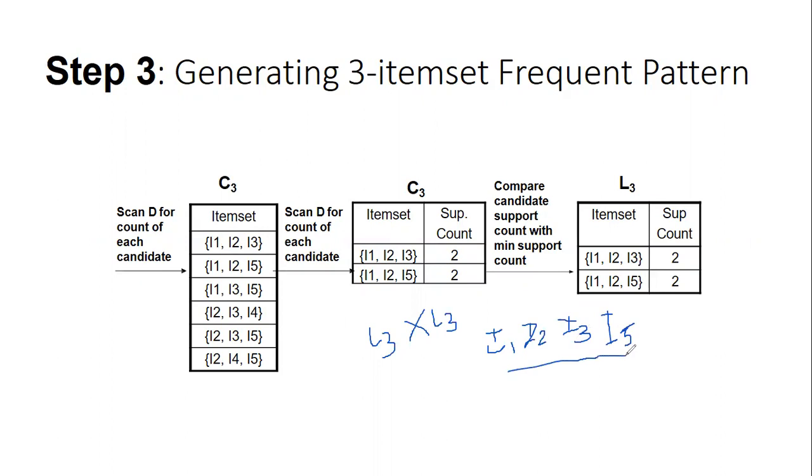We have to check this in the database. Before that, we have to find out whether there is any subset which is infrequent. I1, I2, I3 is frequent.